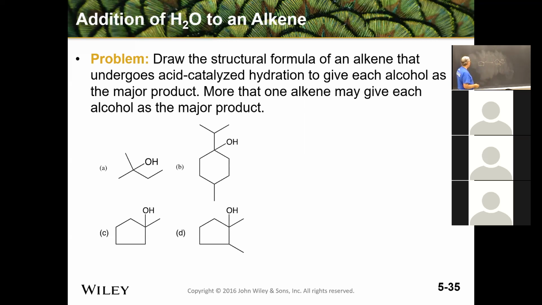This one, 1-methyl cyclopentene. The other one would be adding this H and OH. So this would be the other alkene that we could start with.